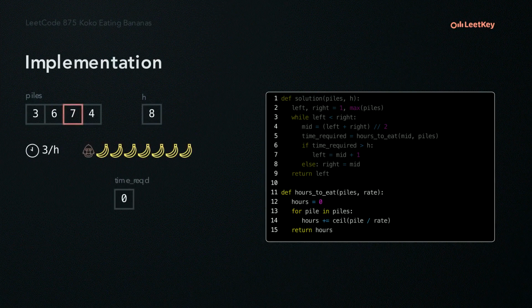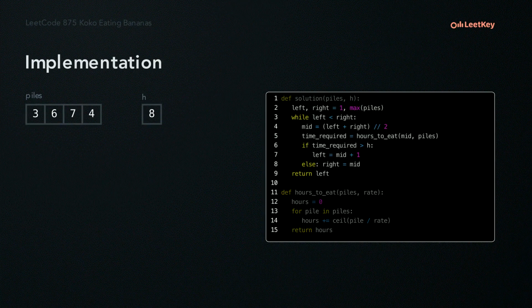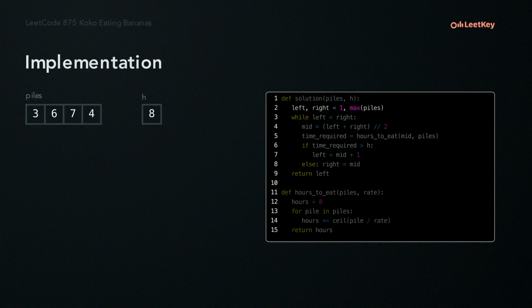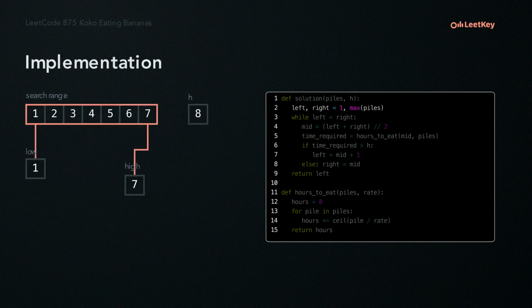This solution works by calculating the time required to eat all bananas at different speeds. We use a binary search between 1 and the largest pile size to search for the slowest working speed. We start by defining the possible eating speeds from 1 per hour to the largest pile size.